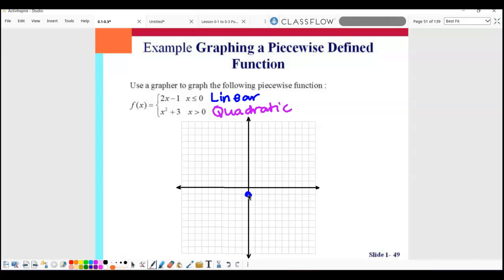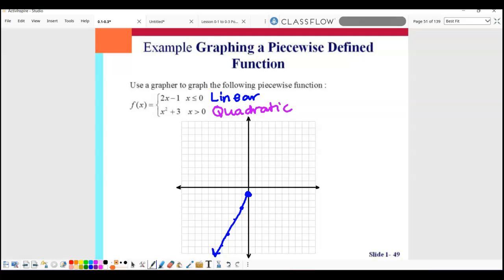So forward would be up 2, right 1. So backwards is down 2, left 1. So the line is still increasing.